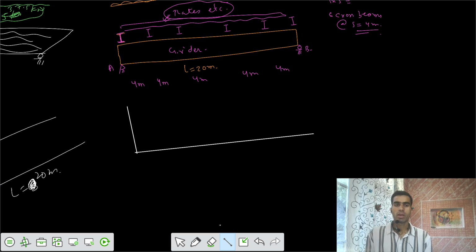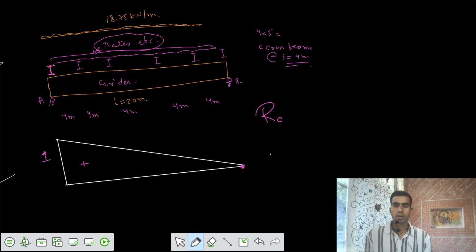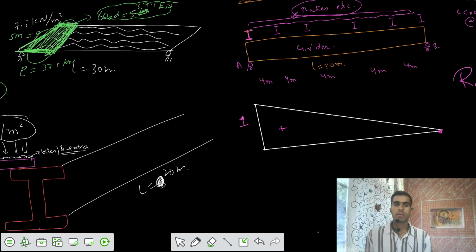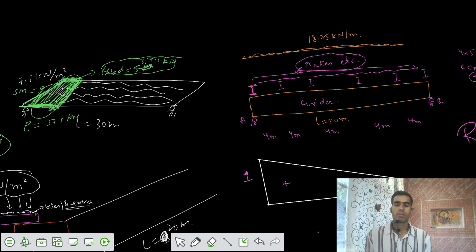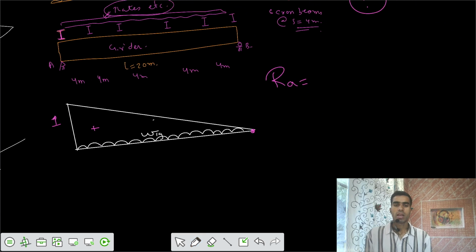If you have a simply supported beam, the reaction A ILD is some sort of that. You remove that support and apply 1 unit displacement in the direction of that reaction, keeping the rest of the beam intact, so this is the ILD that has been developed. So we need to get reaction A. If I apply this loading intensity W1G for the entire length, what is the reaction here?